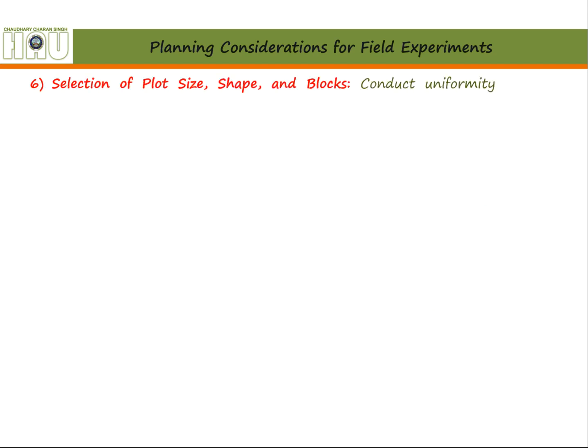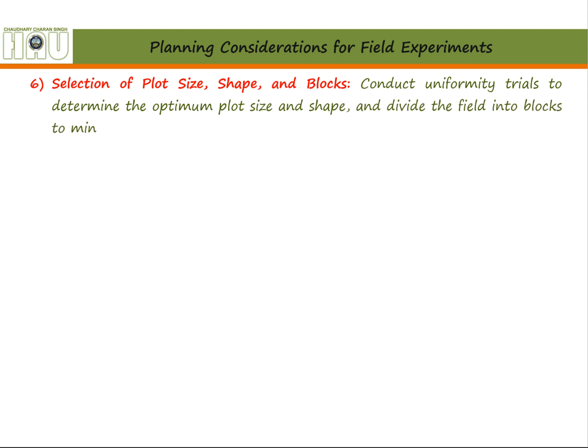What size of plot should you select? What should be its shape? Whether it is a square, a rectangle, or maybe any other shape. And block. So conduct uniformity trials to determine the optimum plot size and its shape, and divide your whole field into blocks to minimize the soil heterogeneity, right?